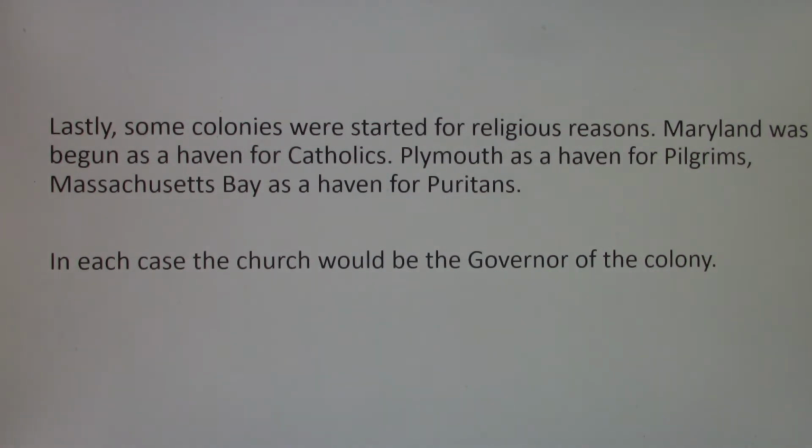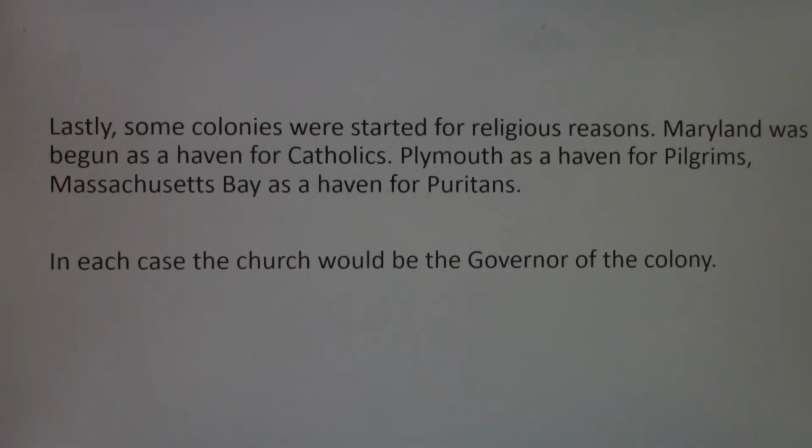The last colonies are colonies that are started for religious reasons. During the reign of Charles I, Catholics are going to go to the New World to found Maryland. The Separatists are going to go to the New World and found the colony of Plymouth.